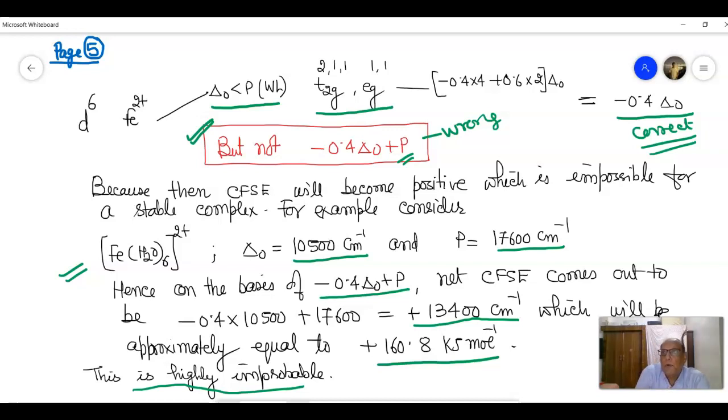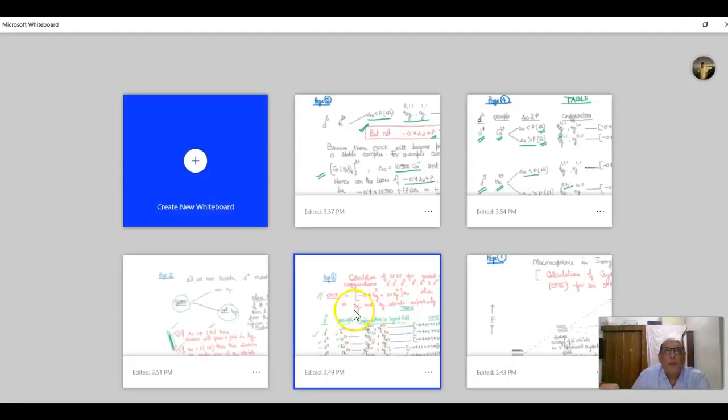Let us consider the next situation for the same ion, where the ligands are strong. So what happens in that case?